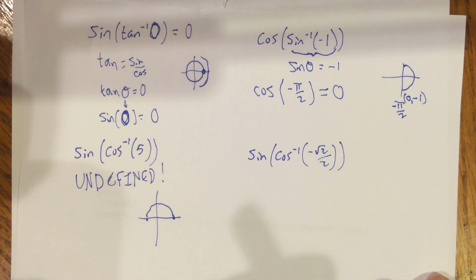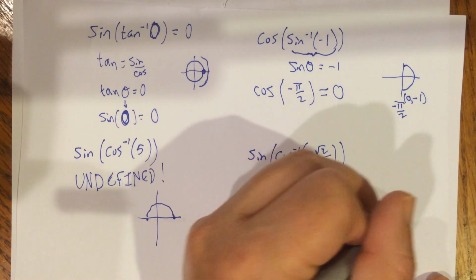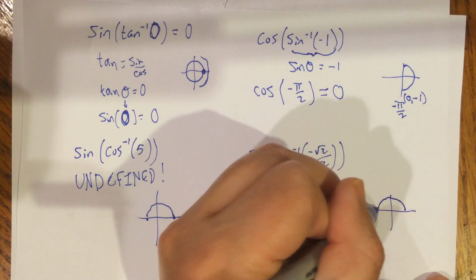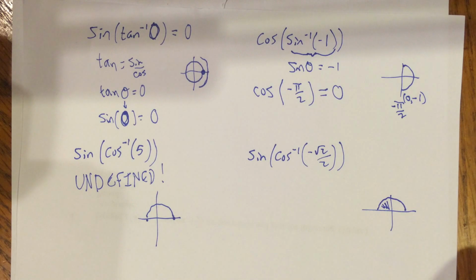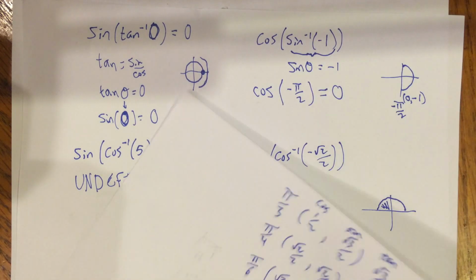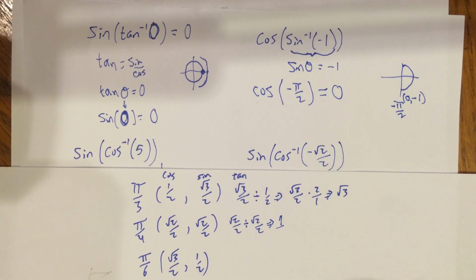Okay, so let's look at sine of cosine inverse of -square root of 2 over 2. So again, I'm going to look for cosine inverse first. I need it to be -square root of 2 over 2. Cosine is negative on this side, because that's where my x's are negative. So I'm going to go ahead and pull out my chart, and I'm going to say, where is cosine square root of 2 over 2?